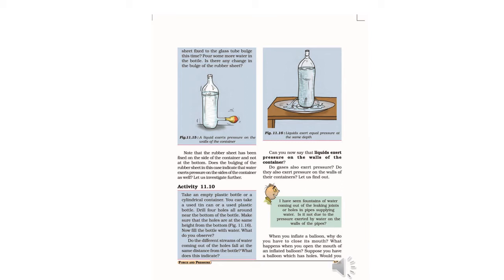Look at the picture, it is clearly marked from the base of the bottle. Here our question is, do the different streams of water coming out of the holes fall at the same distance from the bottle? What does this indicate?